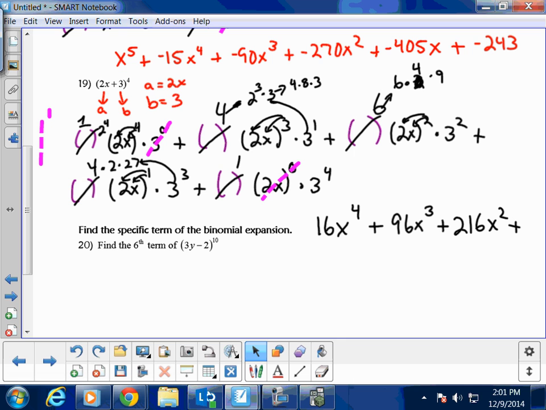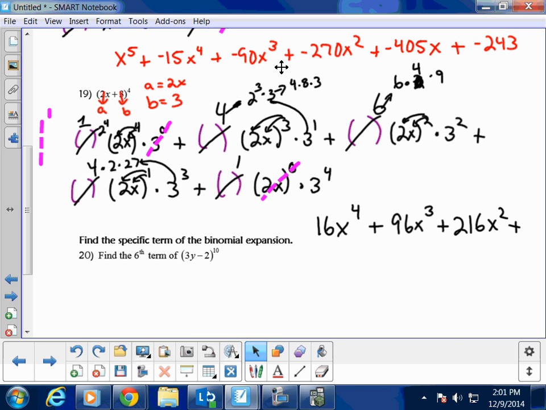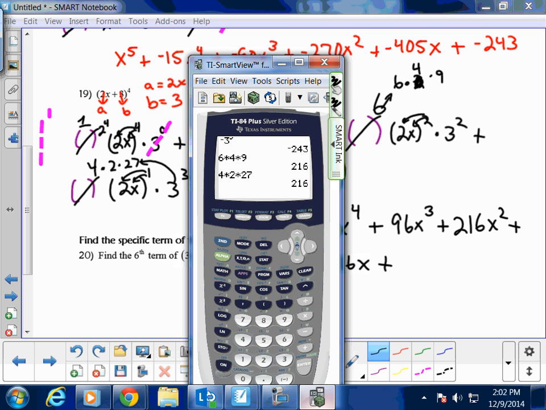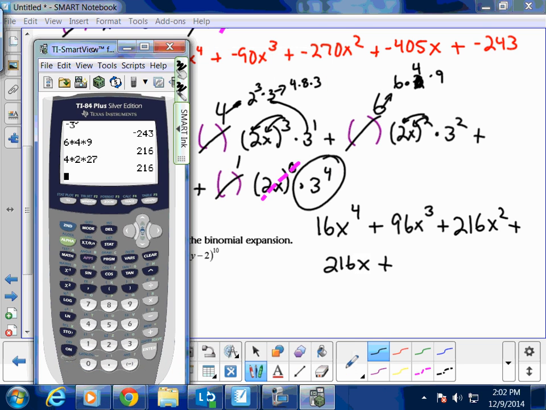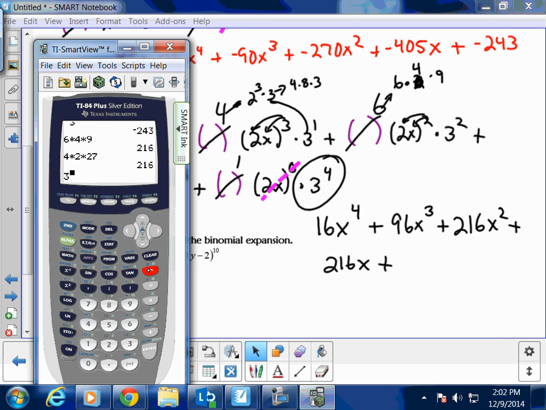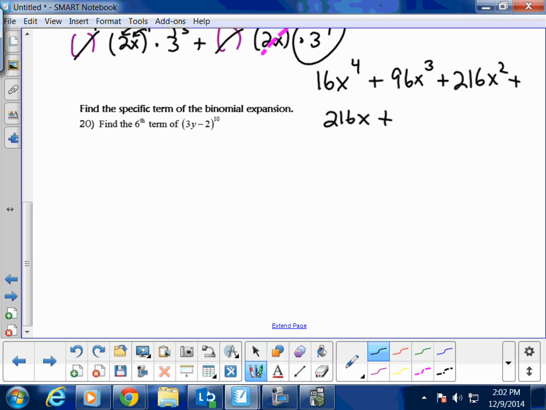So 216x plus, lastly, just 3 to the 4th. Let's see what that comes out being. 81. So in this case, I'll have 81, and that's it. And that is the expansion portion of that.